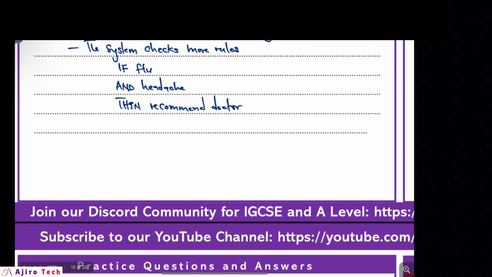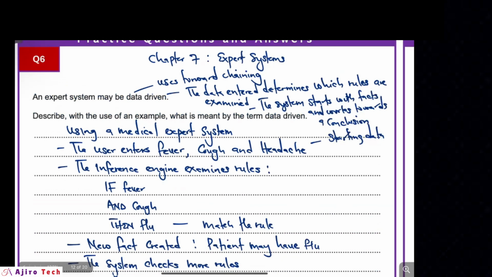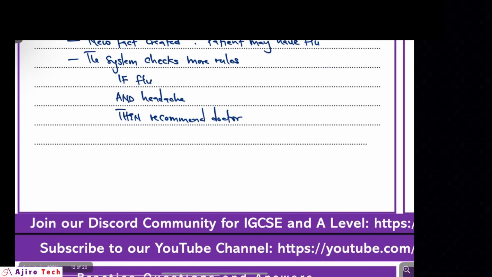So you now have in the user interface an output. Remember, this one now is the input. Then you now have the output: seek medical advice. This is the output.